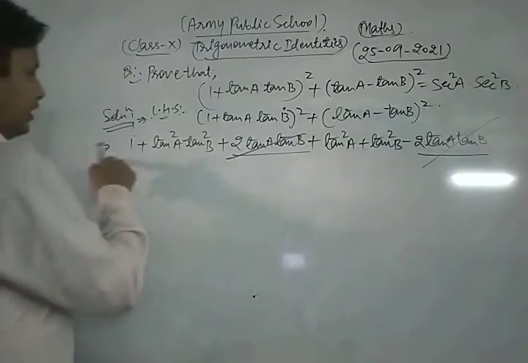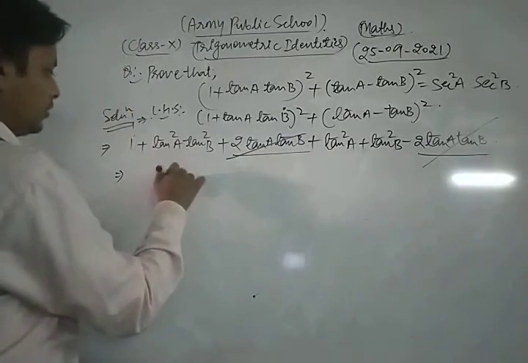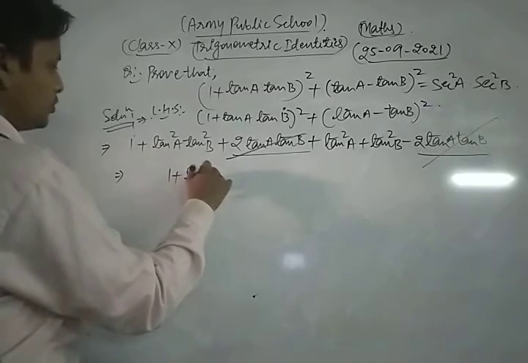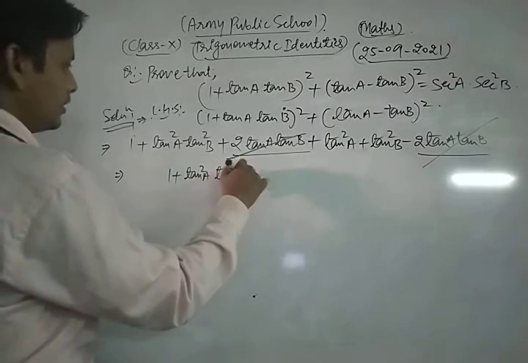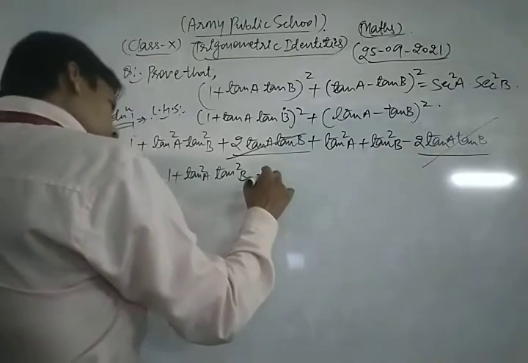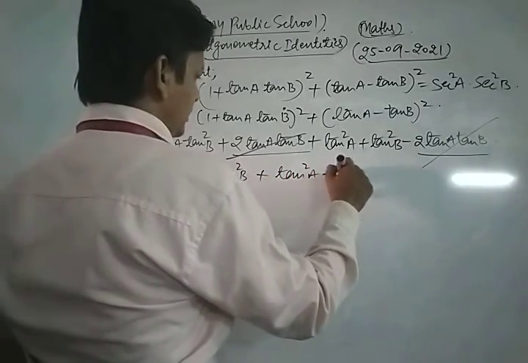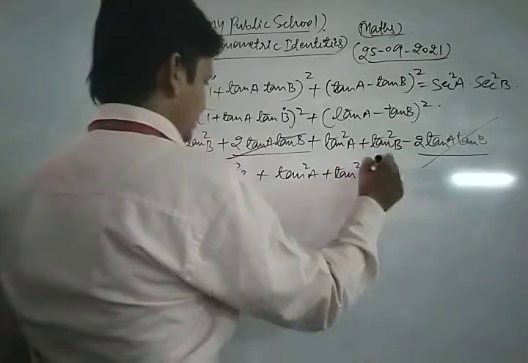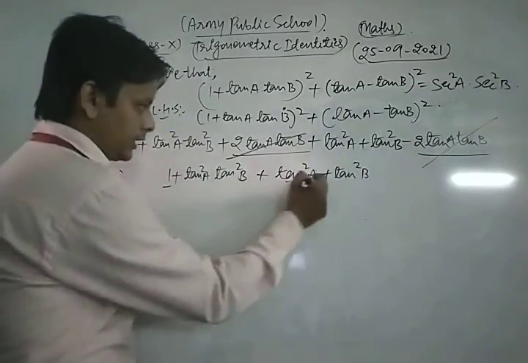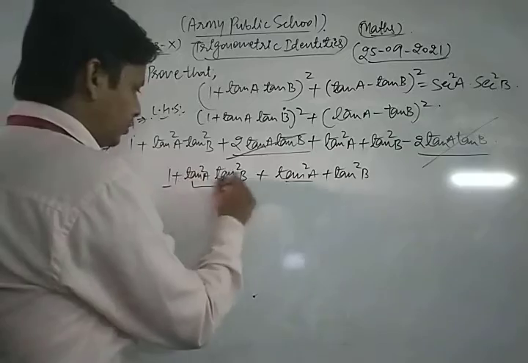Now what we get is 1 + tan²a tan²b and plus tan²a + tan²b. Now look, we take 1 plus tan²a together and group the terms.